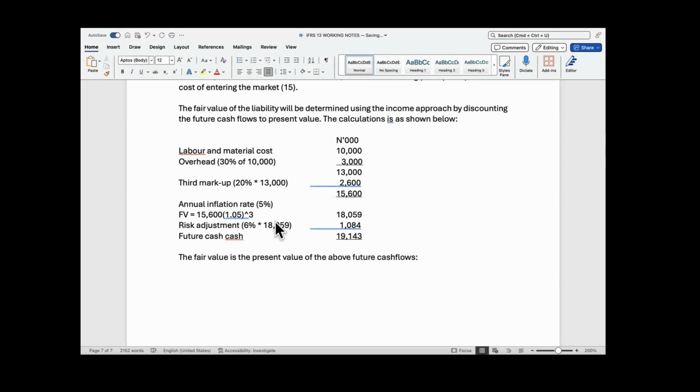So the PV is 19,143 times 1.1 raised to power minus 3. What's the PV now? What do we have?